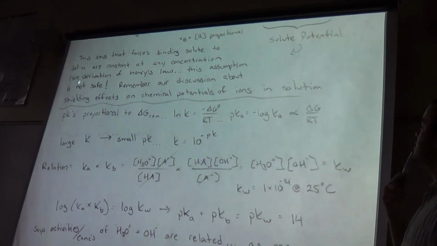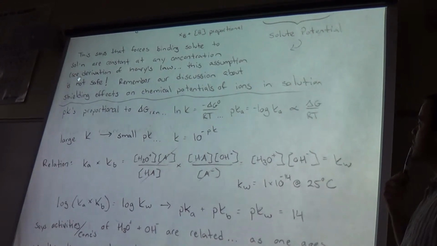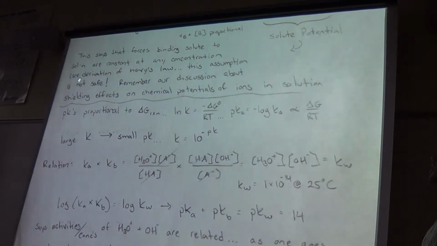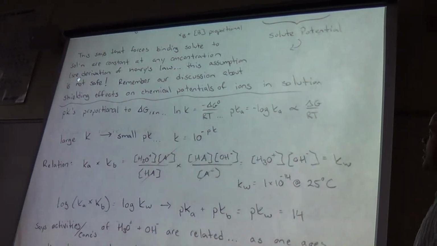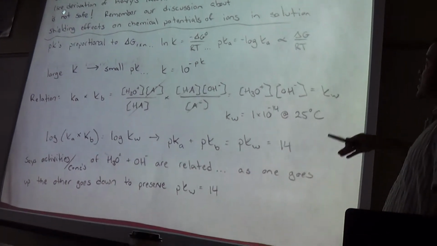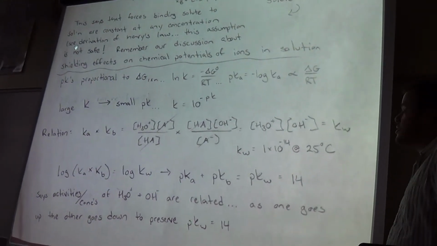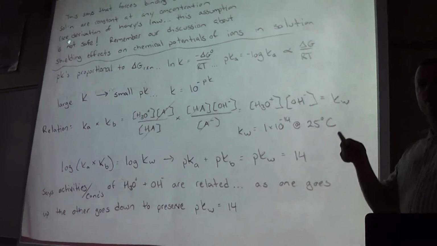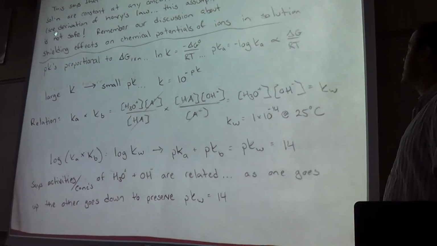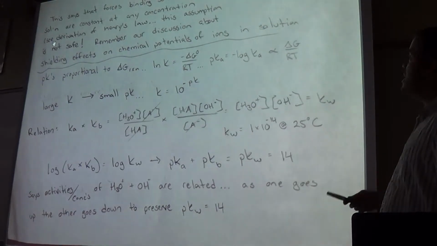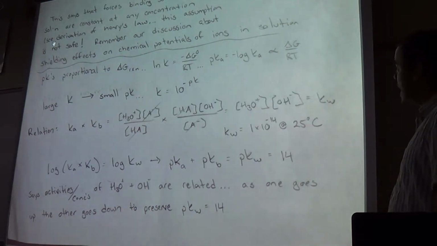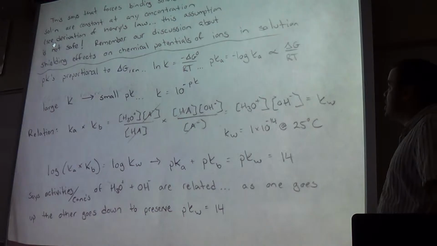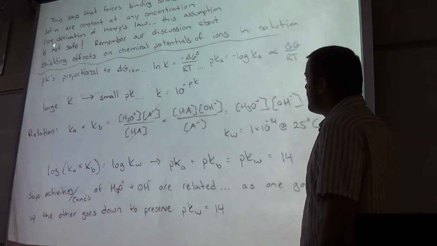pKs are proportional to delta G. So natural log of K is equal to negative delta G naught over RT. And you know the pK is the negative of the log of K. And since log and natural log are proportional to each other, it's a factor of 2.303 in front of those. That means that pKa is proportional to delta G of the reaction. So the larger the delta G of the reaction, the larger the pKa.